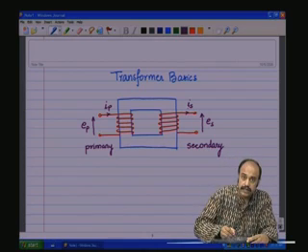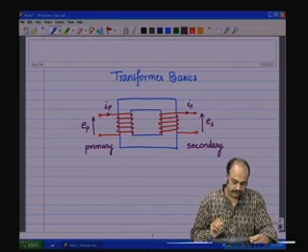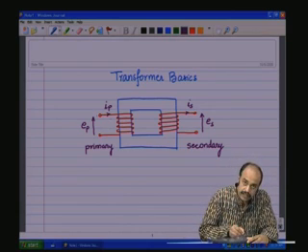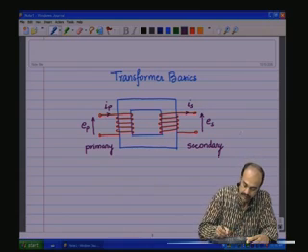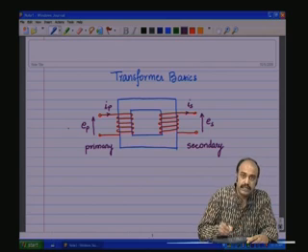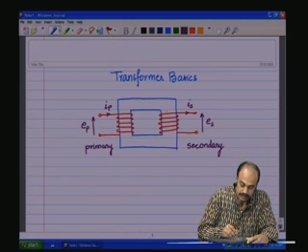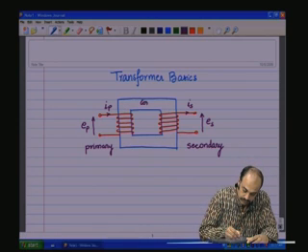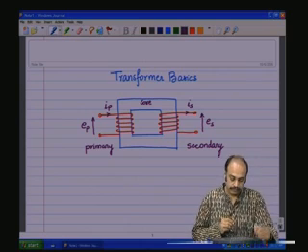If there is no load connected, Is is equal to 0. Now you see that the primary side electric circuit and the secondary side electric circuit are not physically connected. The only transfer of energy can occur is through this magnetic domain, the core.